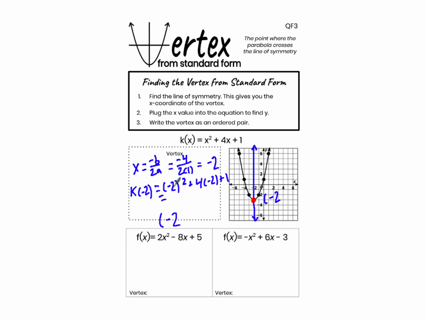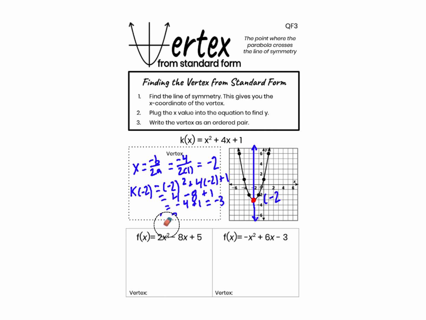Negative 2 times negative 2 is 4. 4 times negative 2 is negative 8, plus 1. Going from left to right, 4 minus 8 is negative 4, then plus 1. So my y value when x is negative 2 is negative 3.